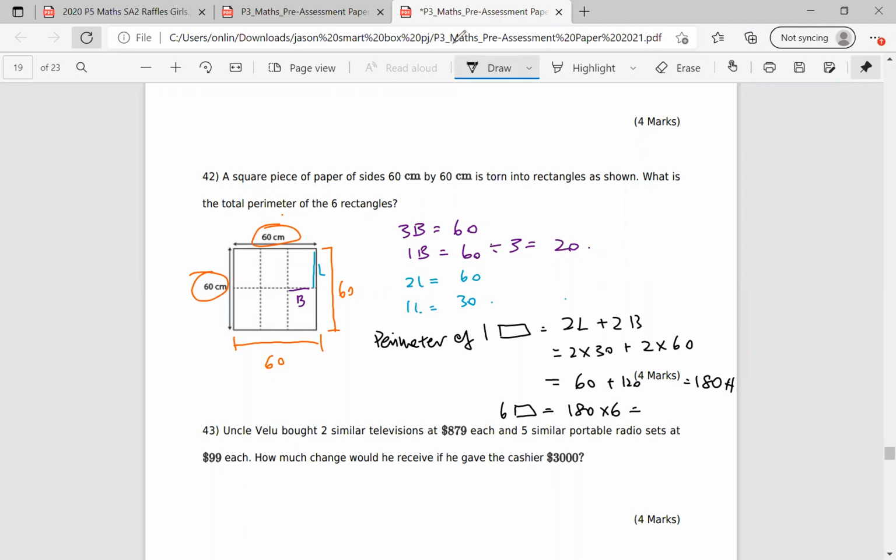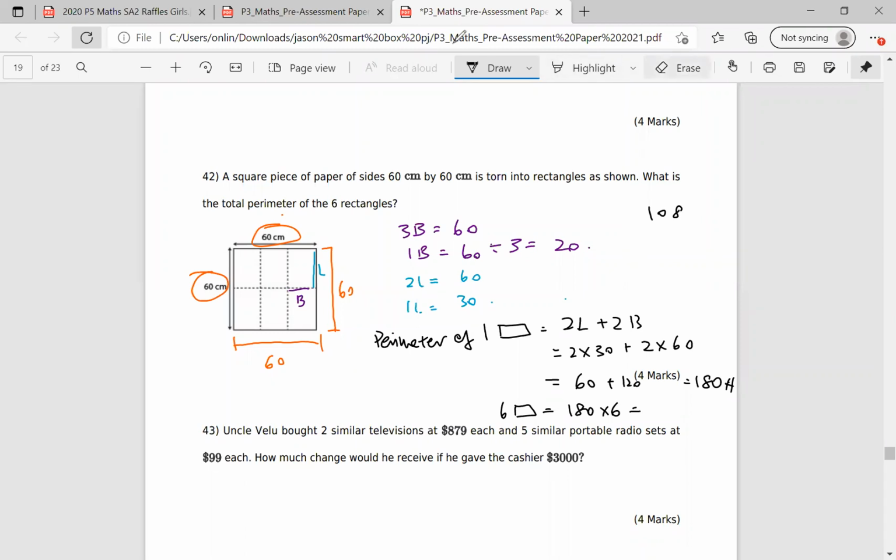Okay, so we will actually have 180. For most students you will actually need to, okay, wait, I wrote something wrongly.